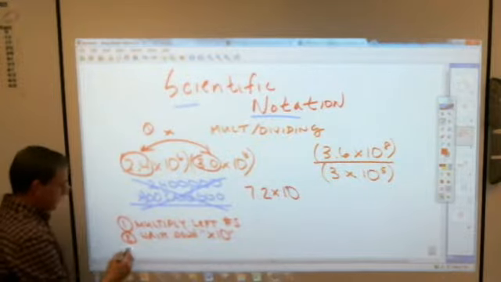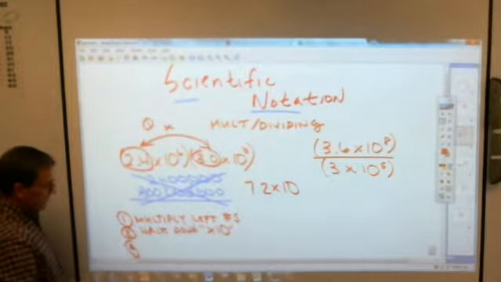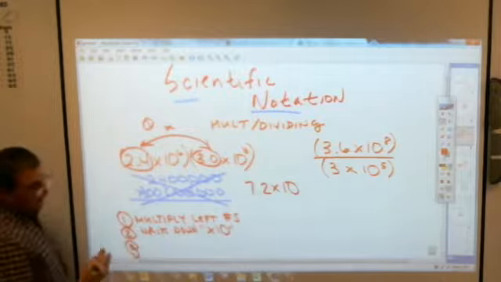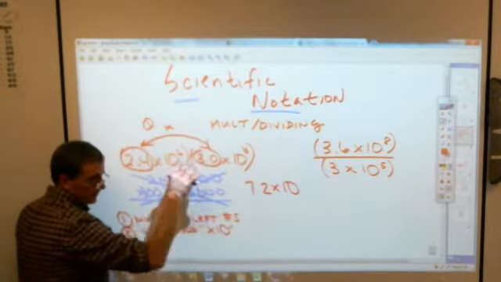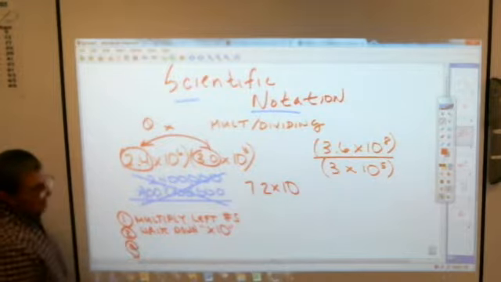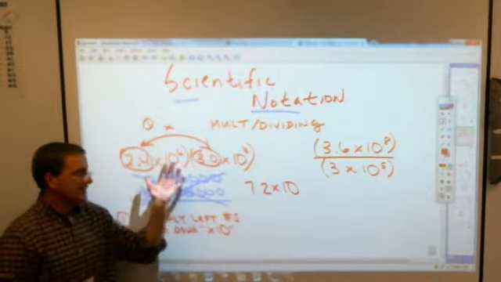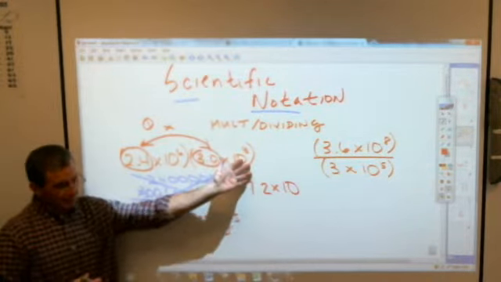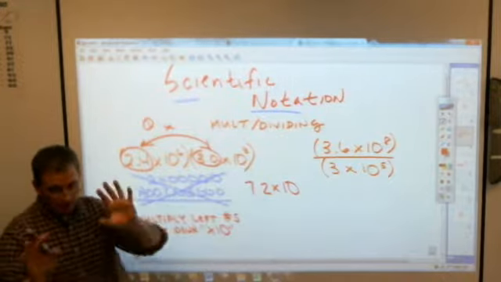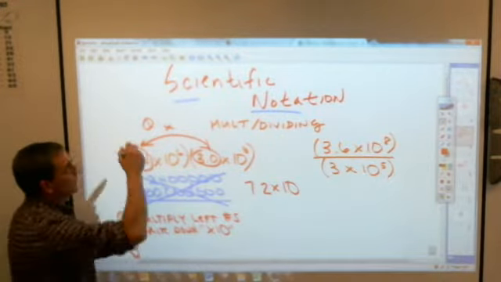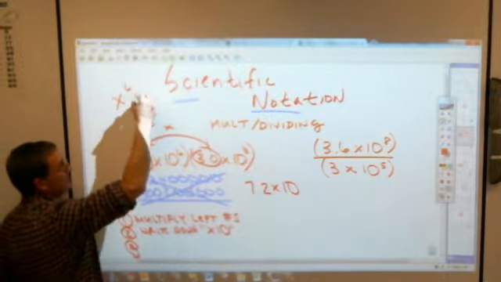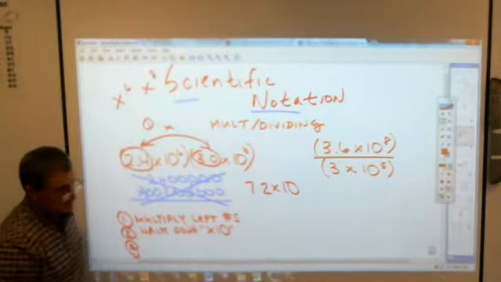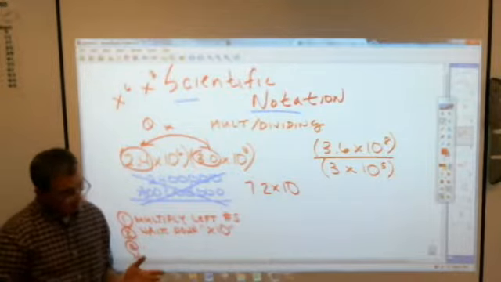Now, step number 3, okay, you are then going to multiply the right things together, okay? But to simplify that, what happens when I multiply 10 to the 6th power times 10 to the 8th power? In case that doesn't make any sense to you, if I were multiplying x to the 6th power times x to the 8th power, what is that?